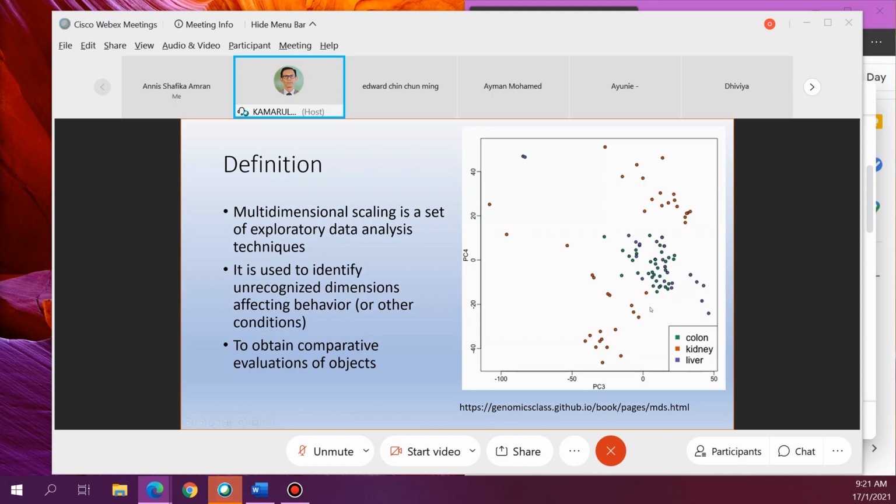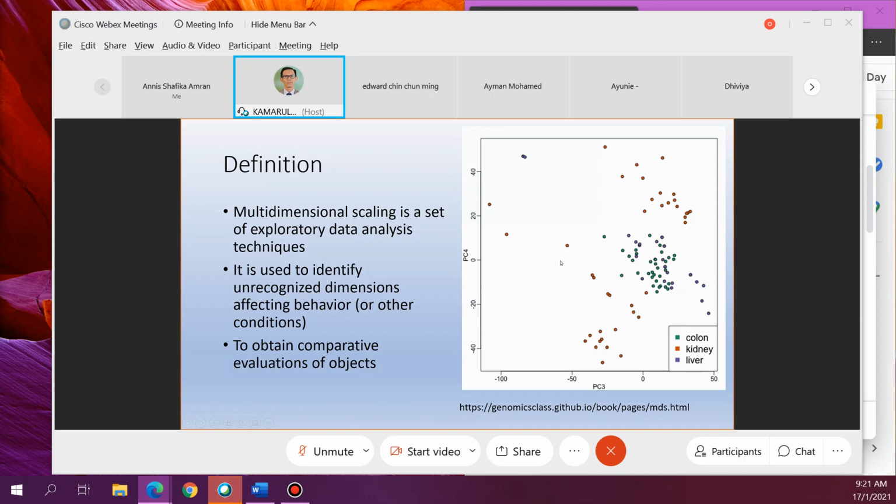But it seems that there are points clustering here, there are points clustering here, and there are points clustering here, and also maybe this one, but not so much here, right? And when you look at the data in more detail, then you know that these basically belong to the colon data. This belongs to kidney data. Sorry, colon here, right? Colon, kidney, and also liver. Okay.